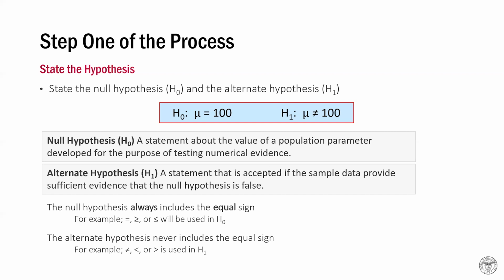For example, equal to, larger than or equal to, or less than or equal to will be used in H sub 0. By contrast, the alternate hypothesis never includes the equal sign. For example, unequal, less than, or larger than is used in H sub 1.